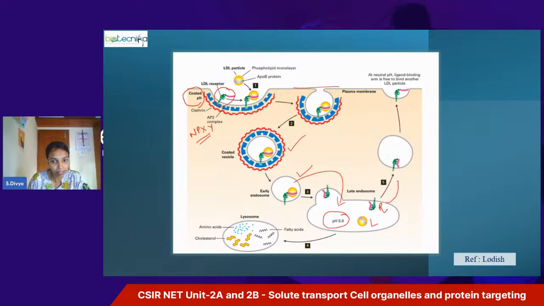The receptor will be recycled back to the membrane to take up another set of reactions, whereas your ligand will be released into the lysosomes. Why? Because the lysosome is considered to be a suicidal bag, which has hydrolytic enzymes responsible for breaking the oligomeric compounds into monomeric units so that they can be utilized by the cell once again.